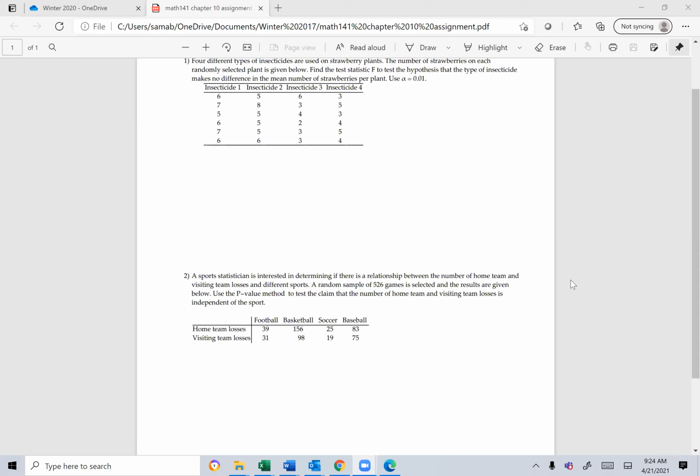We're testing whether the means are equal or not. And it says here, test the hypothesis that the type of insecticides makes no difference in the mean number of strawberries per plant. And I have 4 means here, mu1, mu2, mu3, and mu4. So here's how we start setting up the problem.